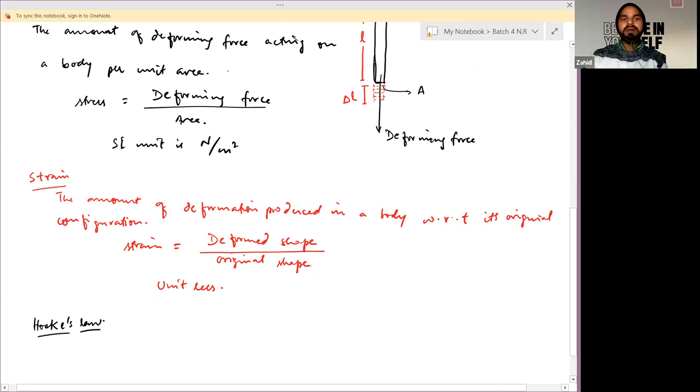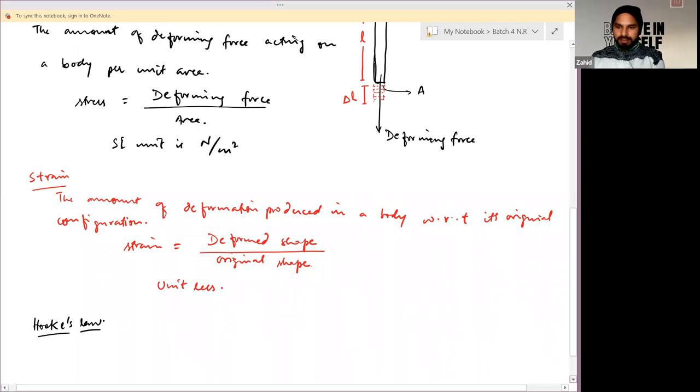It states the more you apply stress to a particular object, the more strain it will develop. It means the amount of strain produced in an object will be directly proportional to the amount of stress applied on it.